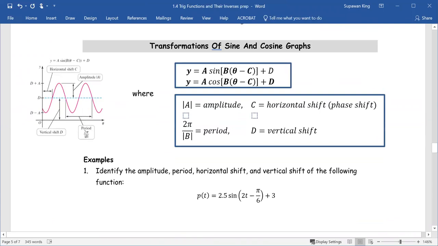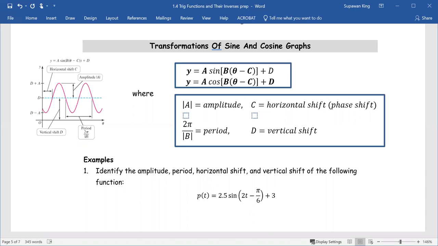Transformation of sine and cosine graphs. Y equals A times sine of B multiplied by the quantity x minus C, plus D, or Y equals A times cosine of B multiplied by the quantity x minus C, plus D, where the numbers represented by A, B, C, and D will tell us the behavior of the graph.